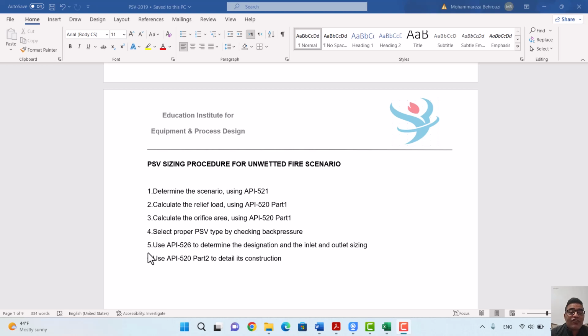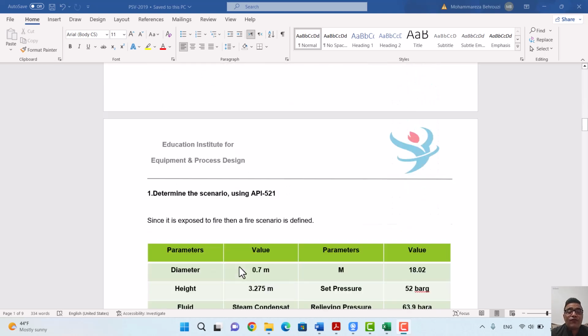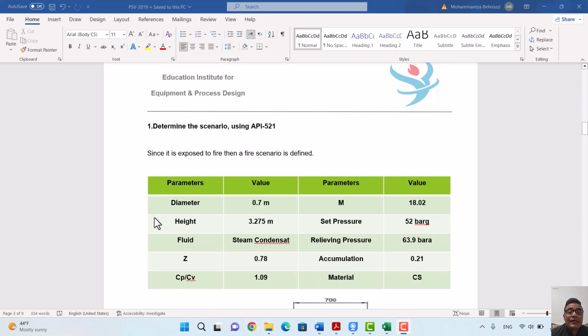And in the last step, we use API 526 to determine the designation and inlet and outlet sizing for this application. So in the first step, as I said, the vessel is exposed to fire, so a fire scenario is defined with the equation for wetted surface area.